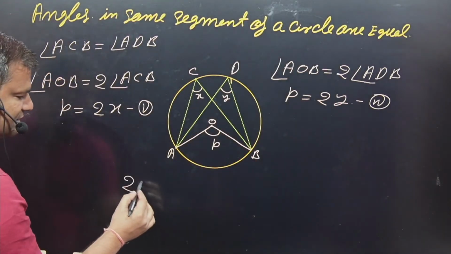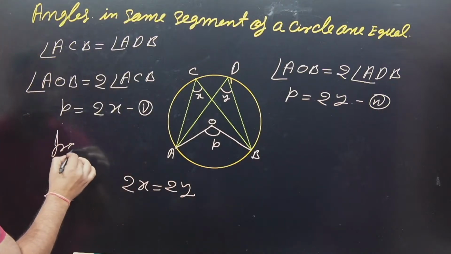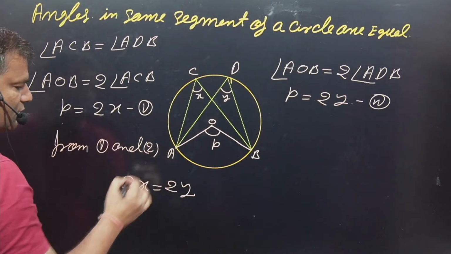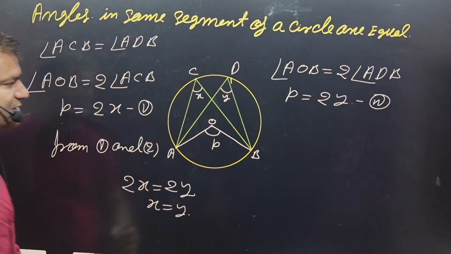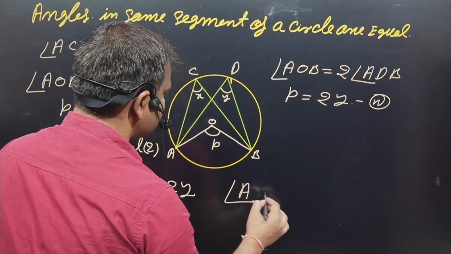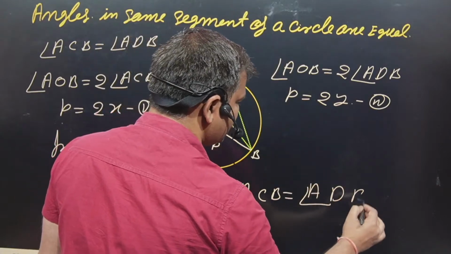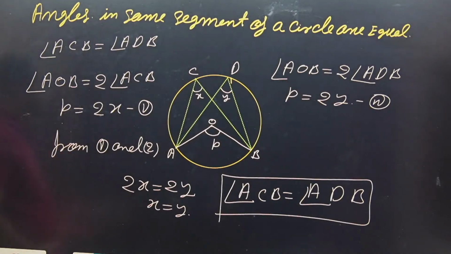So 2X is equal to 2Y. From 1 and 2, you can say that X is equal to Y. It means angle ACB is equal to angle ADB. I hope it is clear.